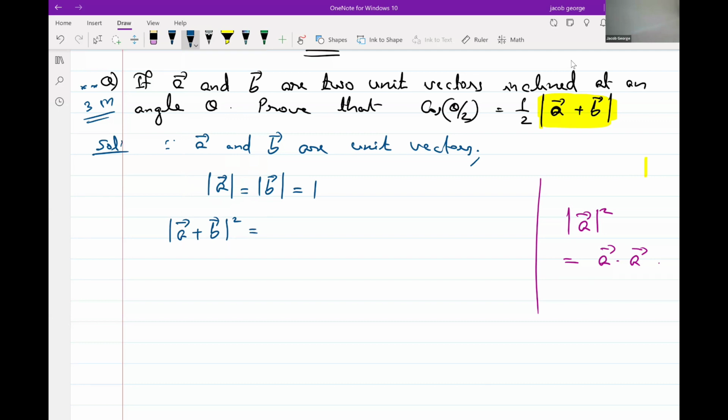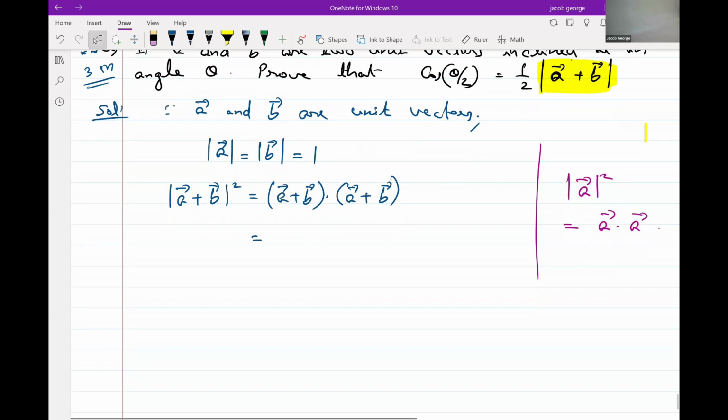Modulus square is, according to this property, the vector dot the same vector itself, which means vector A plus vector B dot vector A plus vector B. We have to multiply as binomial multiplication, and we get 4 terms. What are the 4 terms?